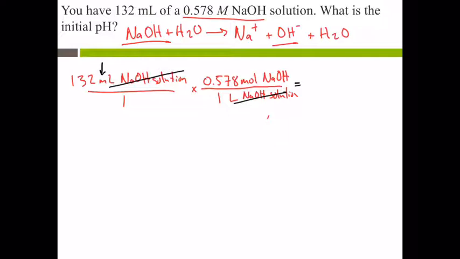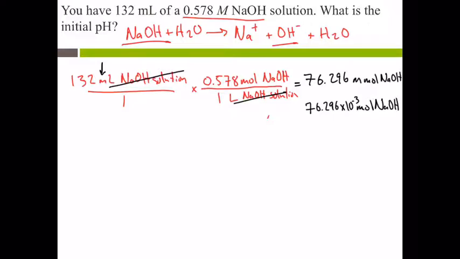So what we find, if we then calculate 132 times 0.578, is 76.296. I didn't get rid of the milli though, so I have to leave that. And then we have moles of NaOH. What we find when we left that milli is that this milli stays put, meaning it's really 76.296 times 10 to the -3rd moles of NaOH.